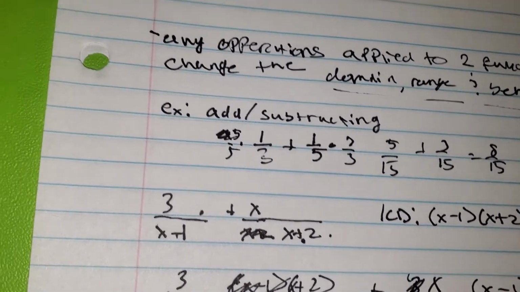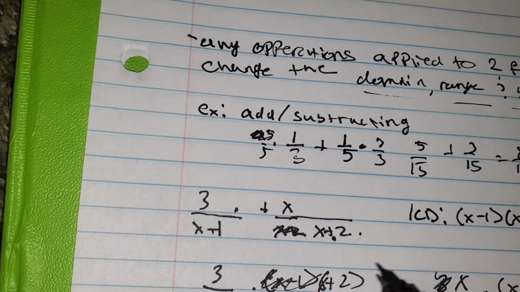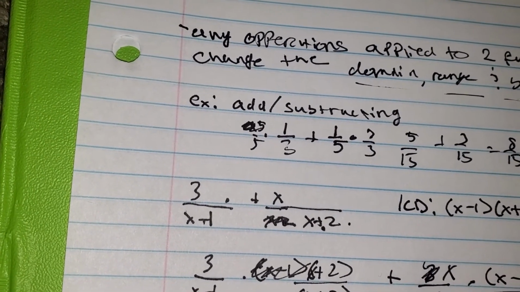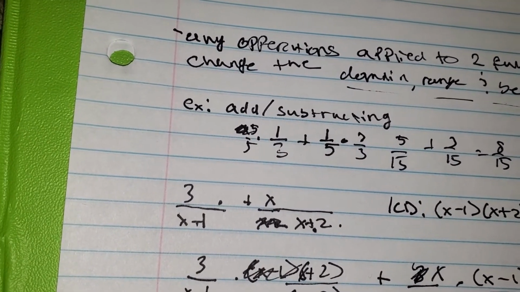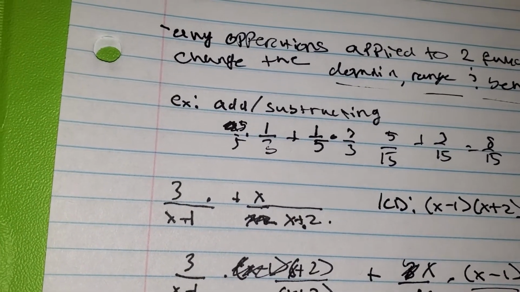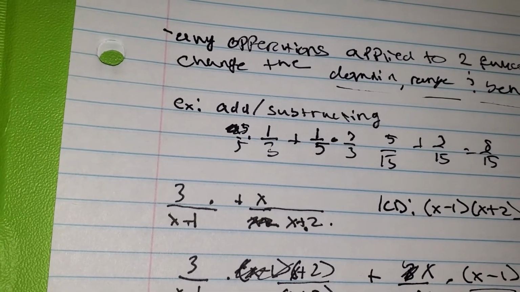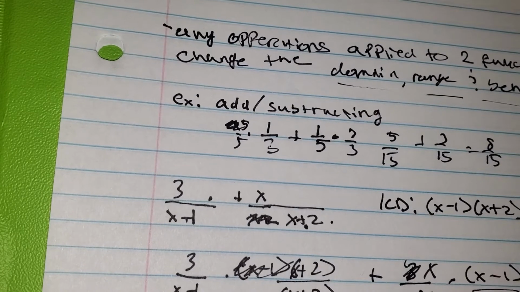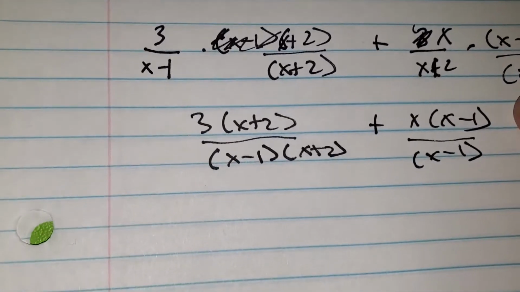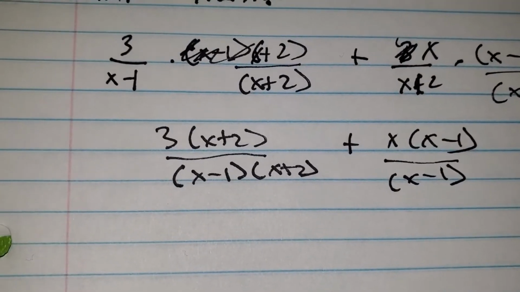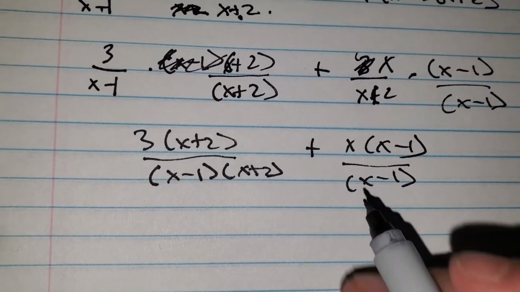So putting them together, we have 3 times x plus 2 over x minus 1, x plus 2, plus x times x minus 1 over x minus 1, x plus 2. Oops, you guys can't see that. Now we can put the denominators together.